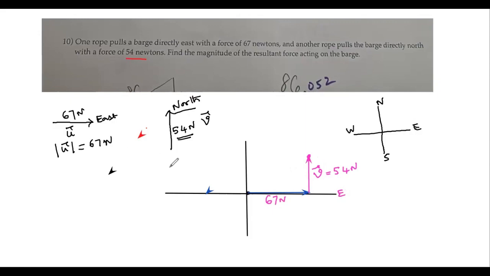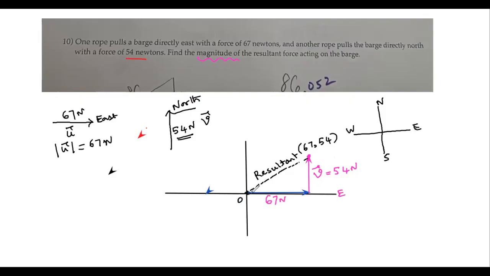So now the magnitude of the resultant vector is what they're expecting from us. If you see in the first quadrant, it is 67 comma 54. We can write this vector. This is called the resultant. We can say it's a displacement vector also.